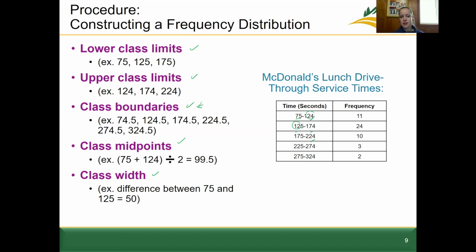Class midpoints are where we took the lower class limit plus the upper class limit and divided by 2. Essentially, we took the average of that category's lower and upper class limit.